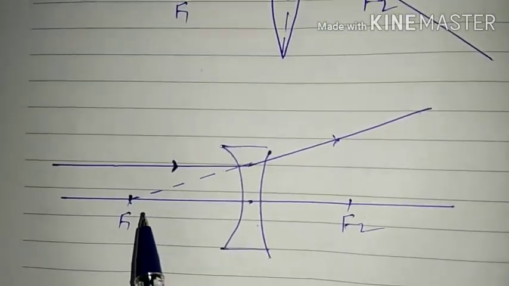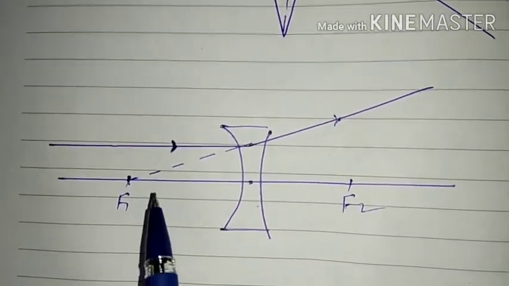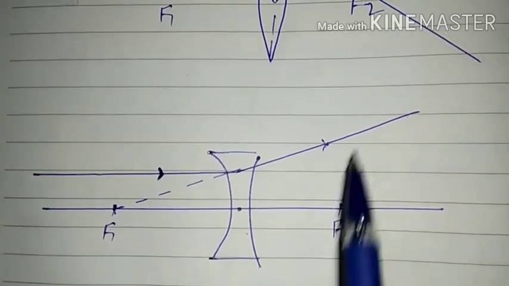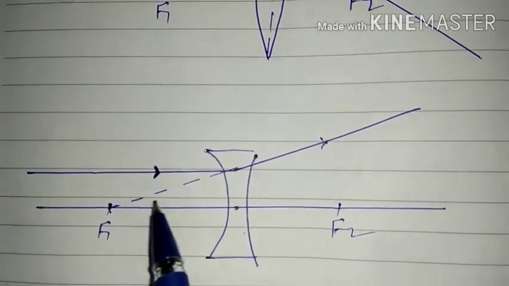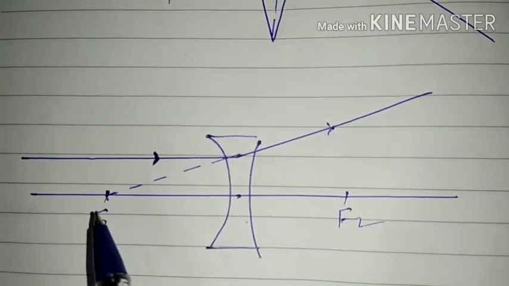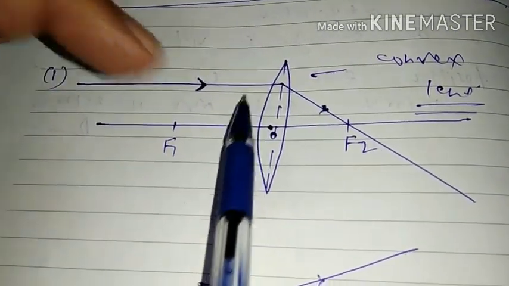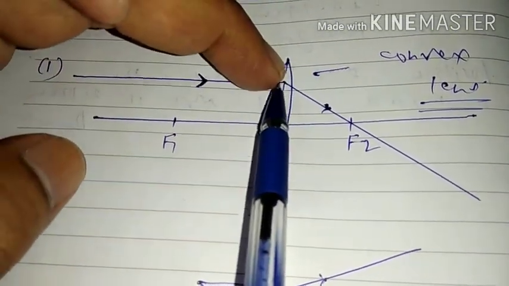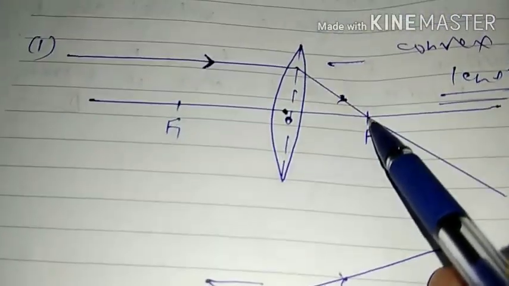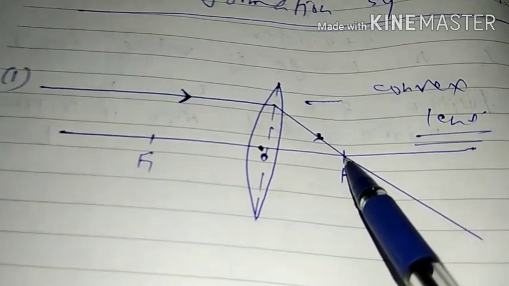One thing is very important here, students. We represent real rays with complete line and virtual rays with dotted line. So this is virtual event here. Once again see, in the case of convex lens, rays of light parallel to the principal axis after refraction really meet at a point on the principal axis, and this point is focus.